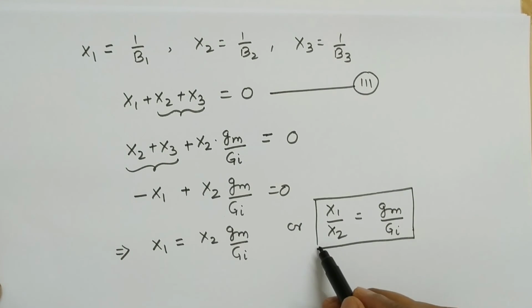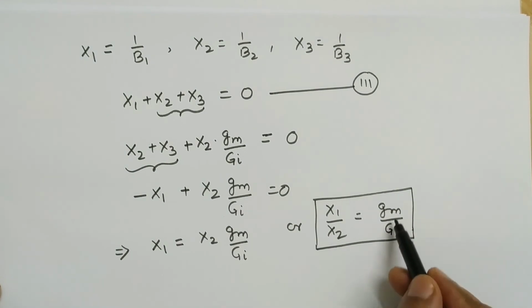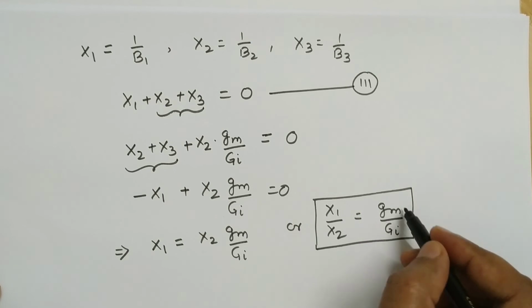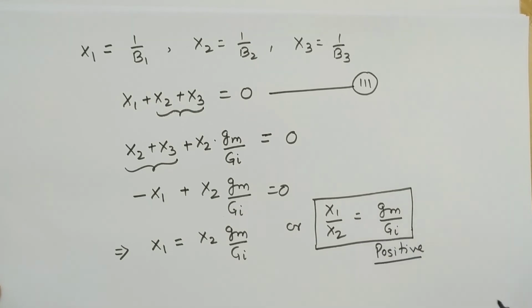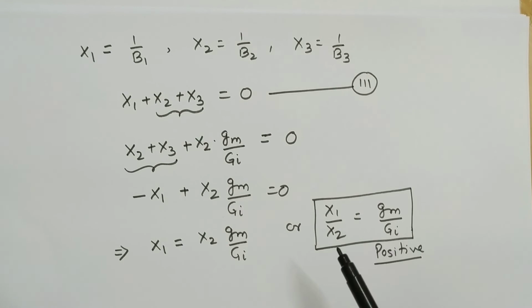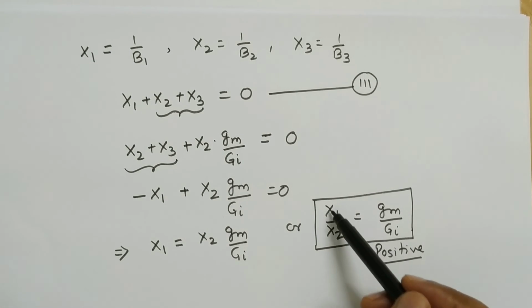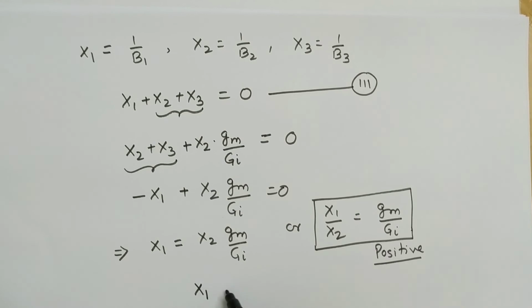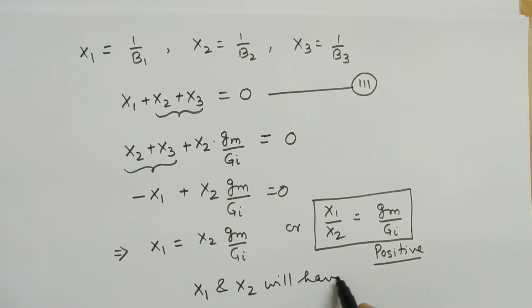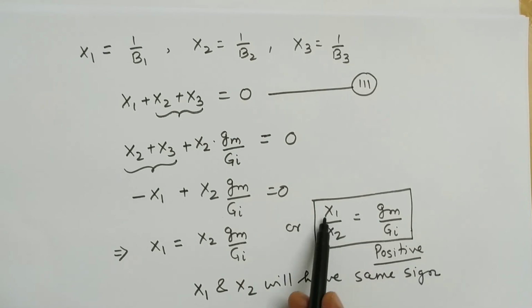As we know that gm and gi both are positive values, hence we can infer that x1 and x2 will have the same sign, meaning either both will be positive or both will be negative.